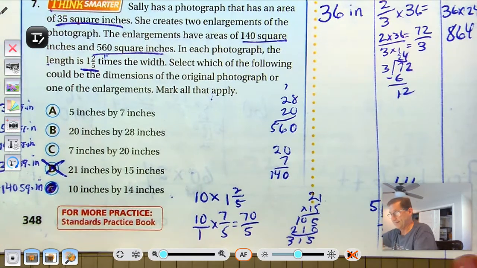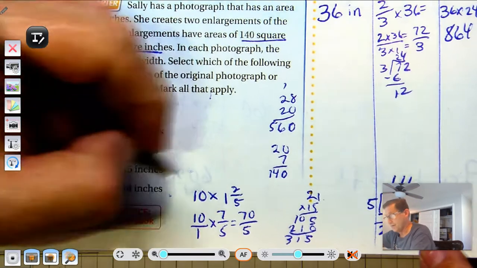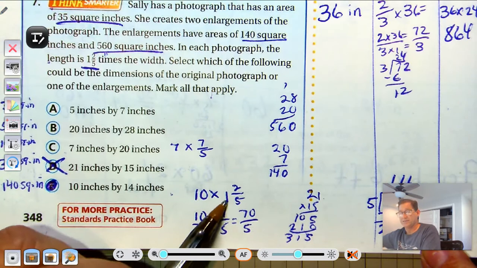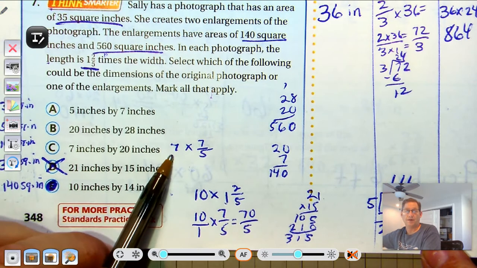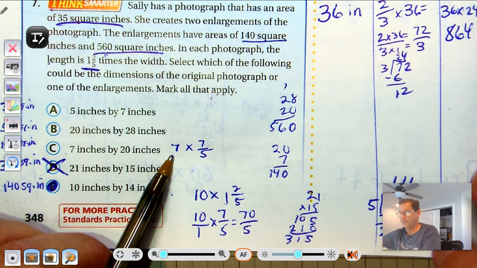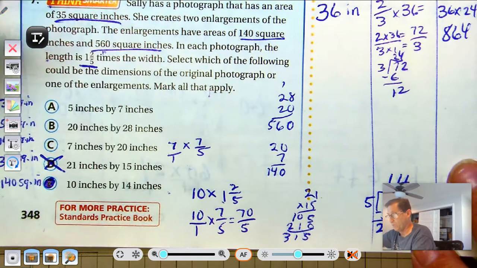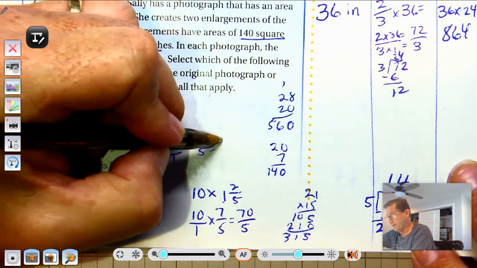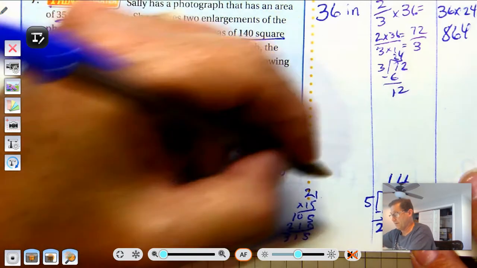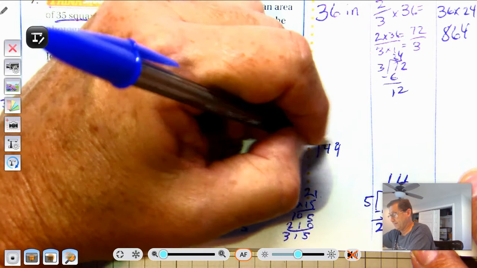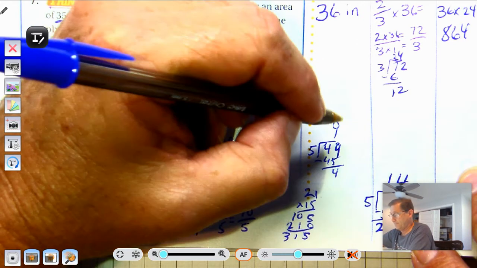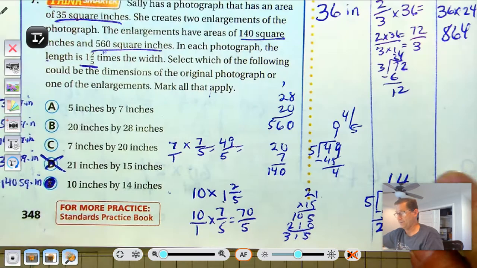7 by 20. Take the 7 and multiply by 7/5. Because it has to be 1 2/5 as long as the length. The width's the longer part. Okay, so we're going to go 7 over 1 times 7 over 5. 7 times 7 is 49, divided by 5. 49 divided by 5 gives me 9 and 4/5.